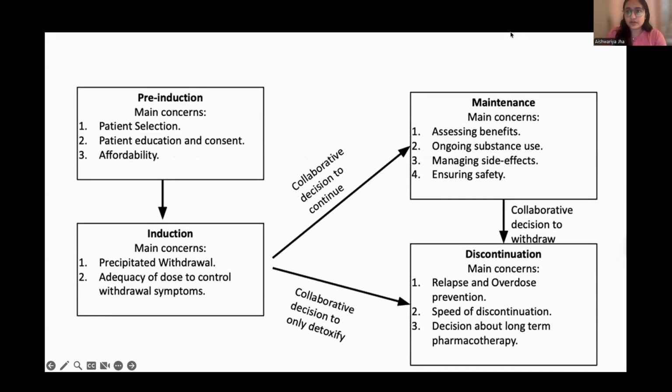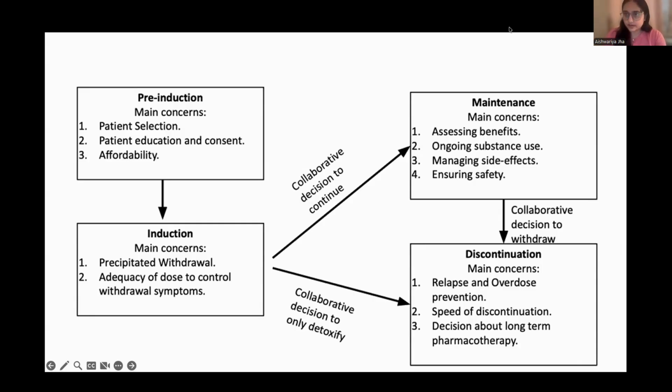So, what we do first is actually select our patient, make sure that they do, in fact, have physical dependence to the agent. They also should be able to consent to it, right? And we also need to look at other feasibility and practical things like whether they can afford it, whether they can continue it long term, whether there's a center close to where they are.